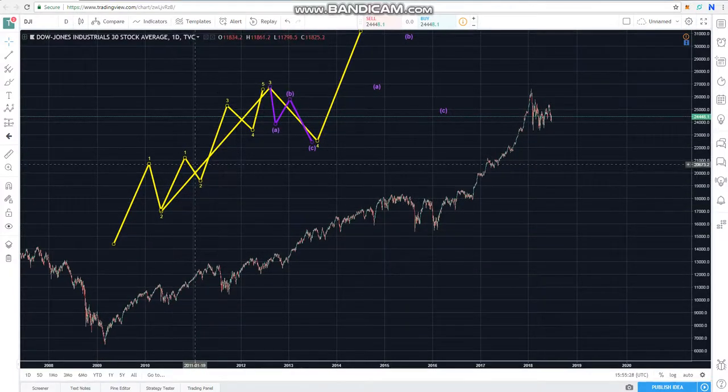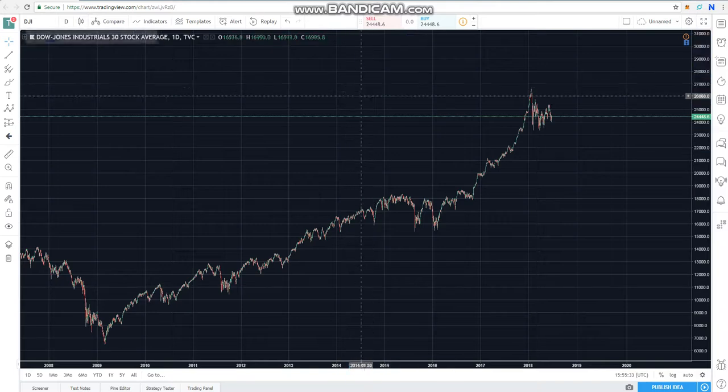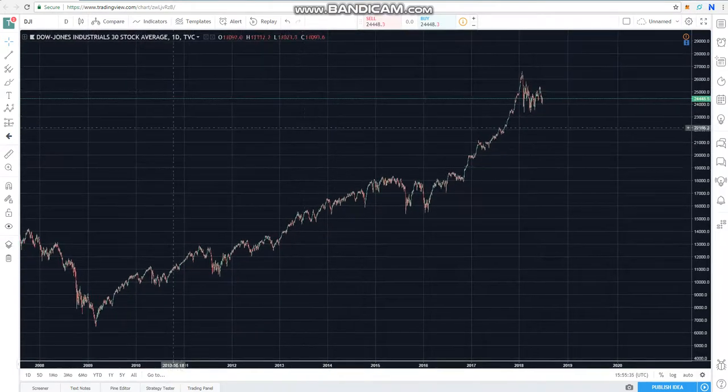But just to illustrate how this all ties in with the actual stock market, how stock markets move.